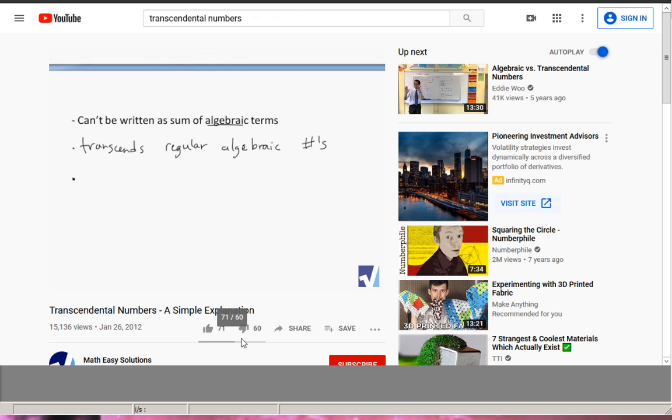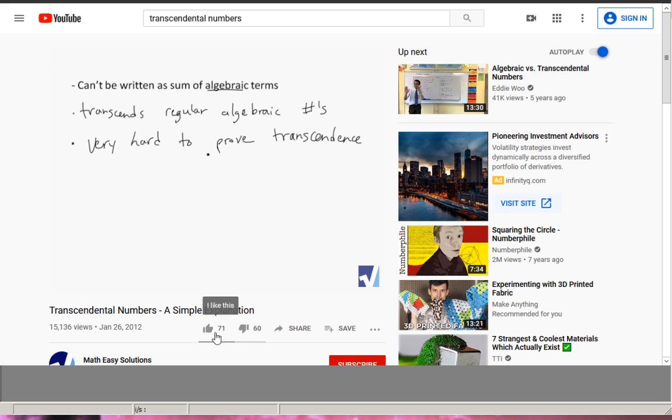And a note about transcendental numbers: it's very hard to prove transcendence. There are only a few numbers that have been proven.